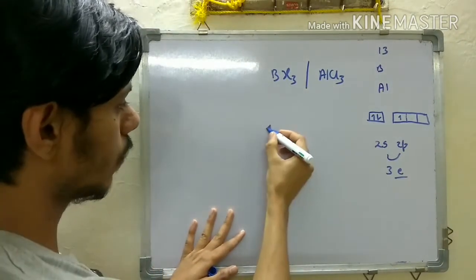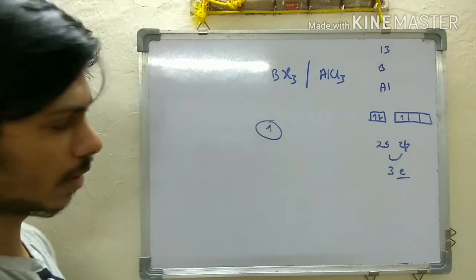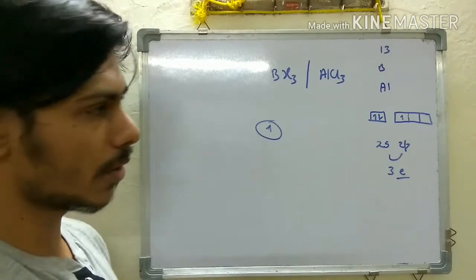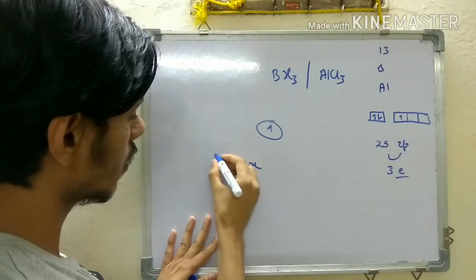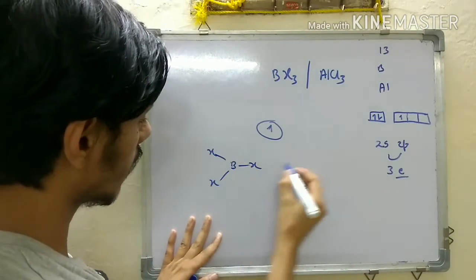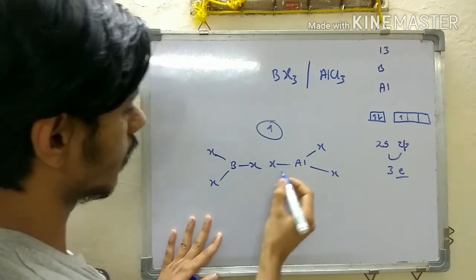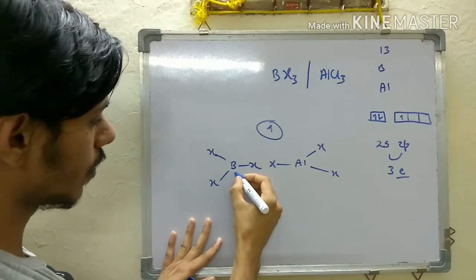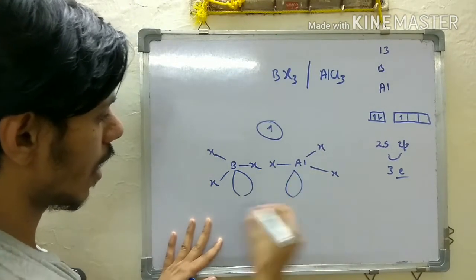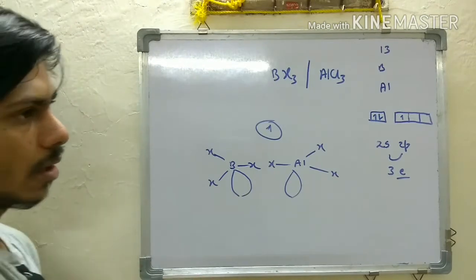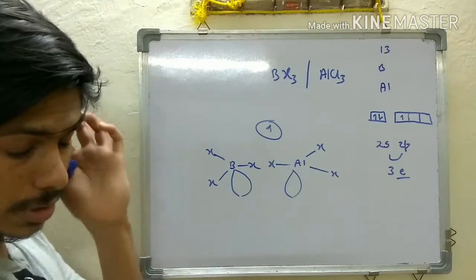So boron and aluminium both can achieve up to 4 coordination number. Their highest possible coordination number is 4, but you can see in BX3 or AlX3 they are tri-coordinated. That is, one of the coordination positions is vacant, right? And that's why they can accept electrons at this particular position.